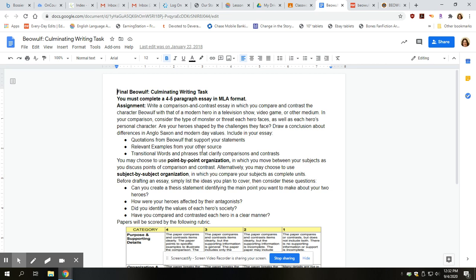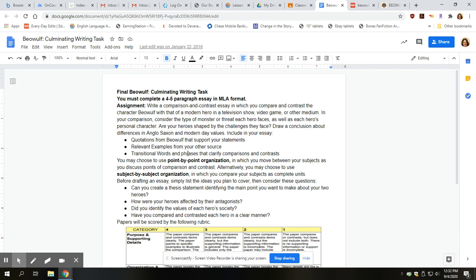So give specific examples. Transitional words and phrases that clarify that you're making comparison and contrast. So you need to make sure that you have transition in your essay that shows that you're talking about Beowulf, then you're talking about another character, and you're comparing and contrasting the two.